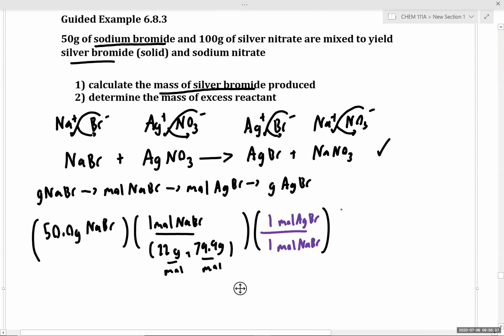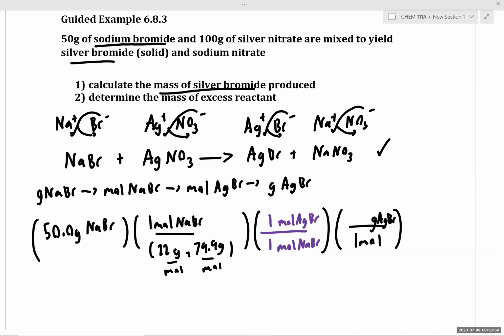And then finally, we know there are how many grams of silver bromide in 1 mole. Would someone like to volunteer in the chat just to make sure everyone's comfortable with molar mass calculations?